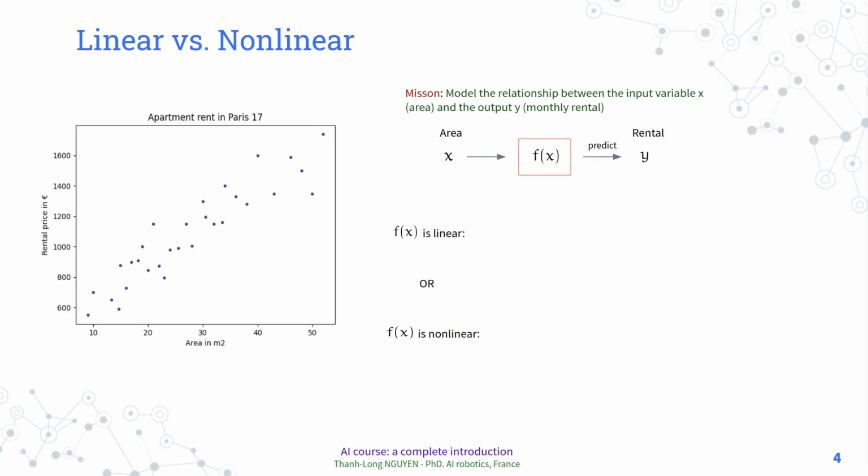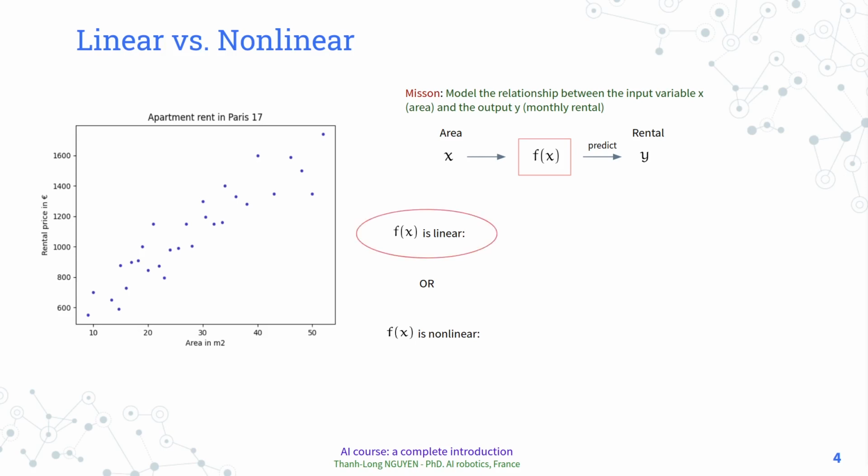Importantly, there are two cases with the function f of x. Either f of x is a linear or a nonlinear function. Maybe many of you already know what is linear and what is nonlinear, but some may not, so I will explain it briefly.